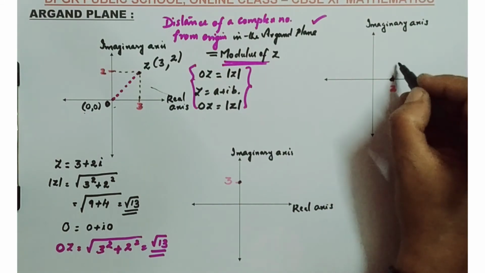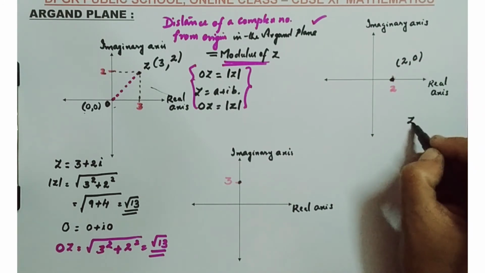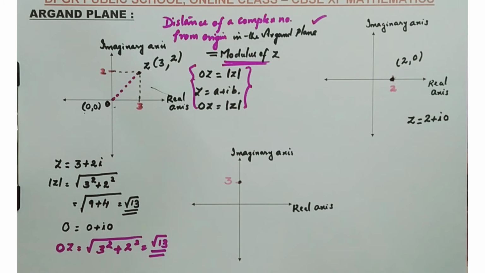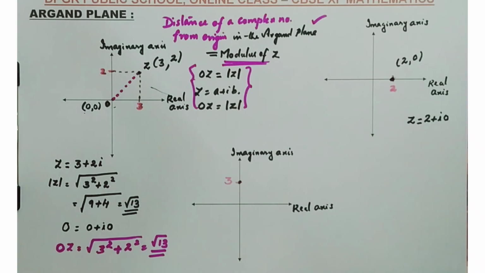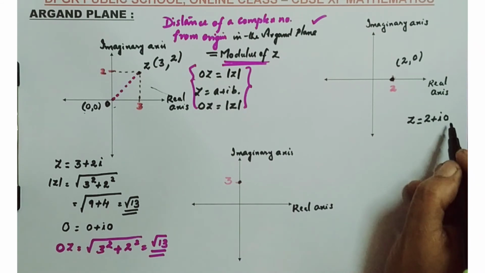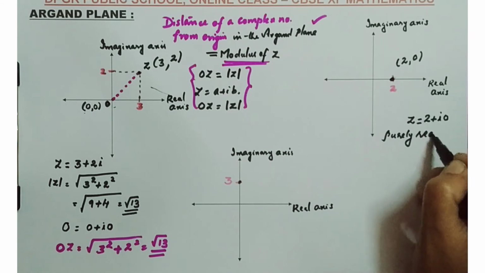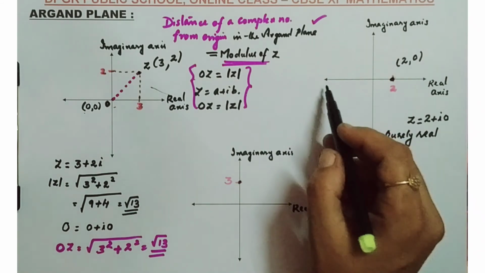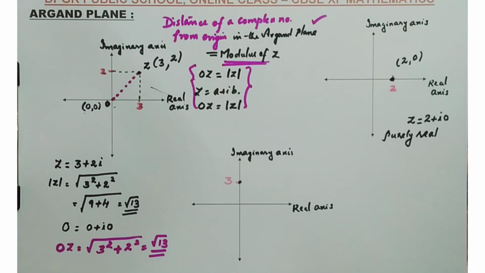So this point corresponds to the coordinate (2, 0), or the complex number z equals 2 plus i0, which is purely real. A complex number having imaginary part 0 is called a purely real complex number. So the points on the real axis correspond to purely real complex numbers.